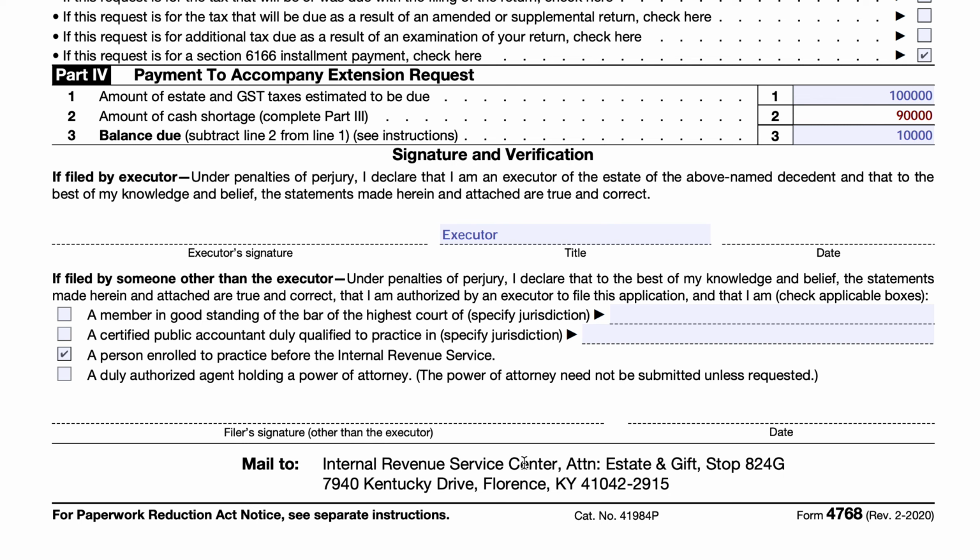And again, you're supposed to mail this in conjunction with your stated payment. So if you are sending a check or a money order, you would want to make that out to U.S. Treasury. The instructions actually tell you that you should put the decedent's name and social security number on the check, so that the IRS knows who that check is for.